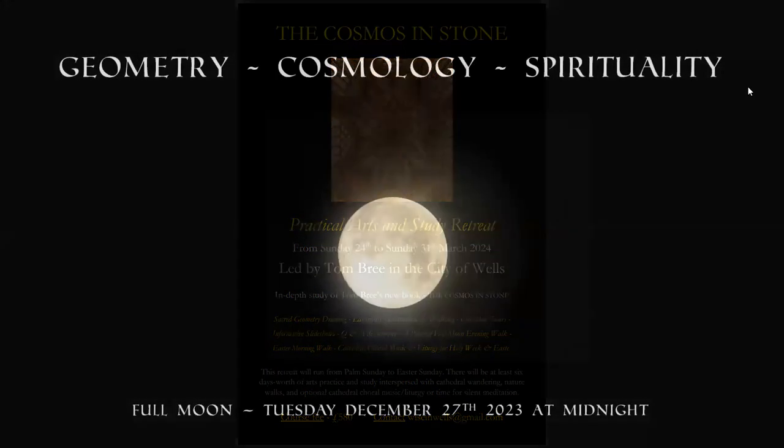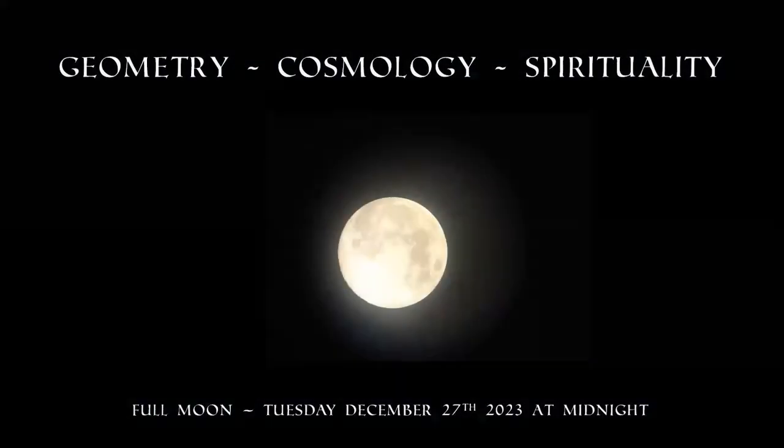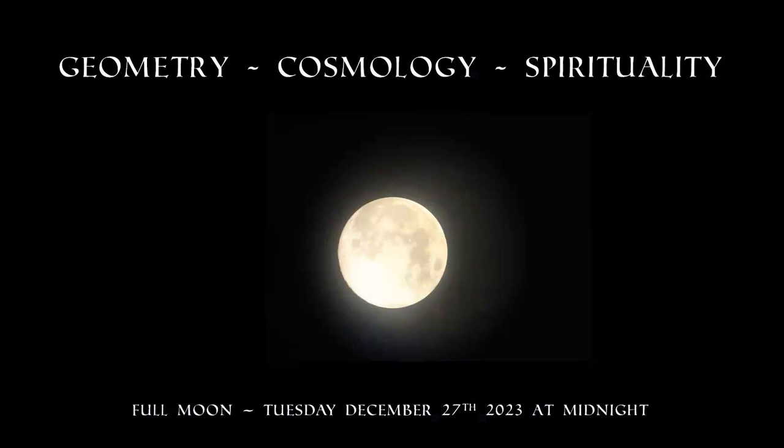Now, as for the next session, it's actually going to be at the very end of what we call Boxing Day in the UK, or the Feast of Stephen, 26th of December. So it's going to be literally at midnight as we go into the 27th, which is the Feast of John the Evangelist.